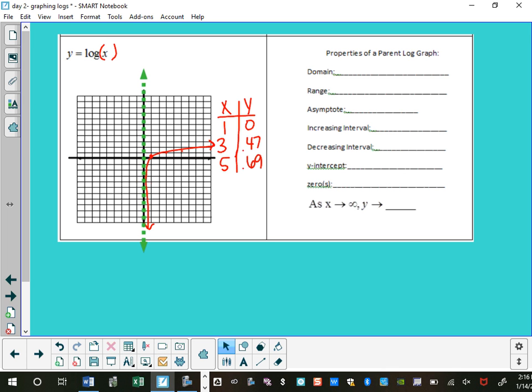My domain is going to be from my asymptote on. So let's start at my asymptote. Where does my graph start? At 0.